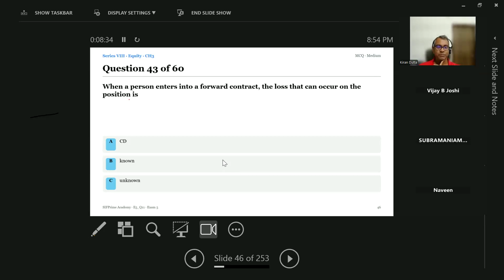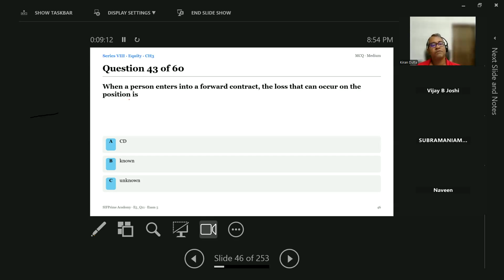I need to go back to this question again. The answer here seems to be B, known. But we will revise this concept. I'm also taking a note. Even I'm a little confused on this. I'll come back to you guys on this. It seems like known, but I also feel it's unknown. I think it should be B as to hedge forward contracts, but we don't do hedges, so don't bring in the hedge concept. But yes, I will double check on this.